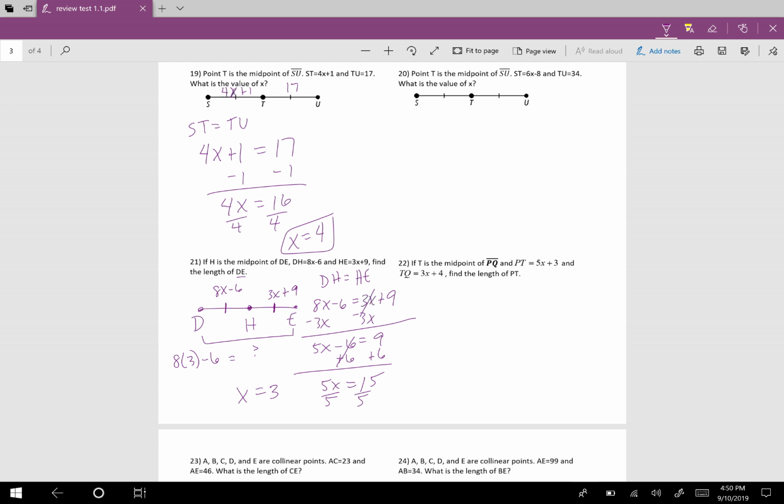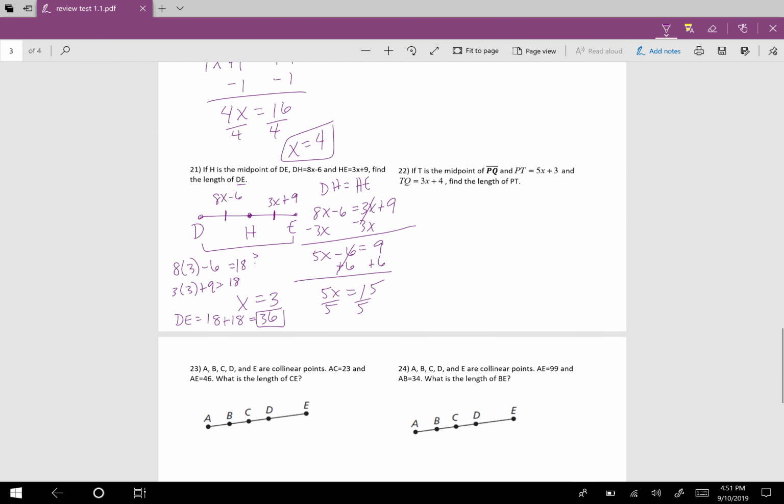So 8 times 3 is 24, and then 24 take away 6 is going to be 18. And then we have 3 times 3 plus 9, because that's what HE is. So 9 plus 9, that's 18. And guess what? They should be the same, because H is the midpoint. So DE is 18 plus 18, which is 36. So DE is 36. All right, and then 22 is the same way.